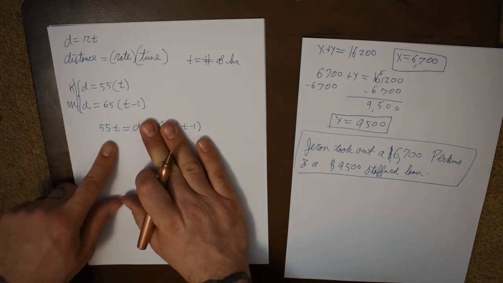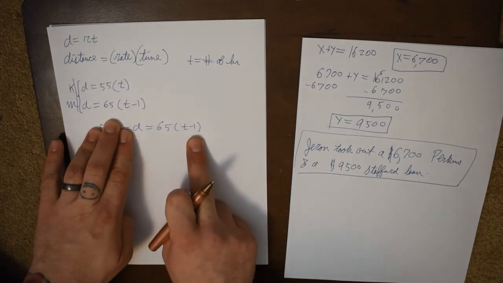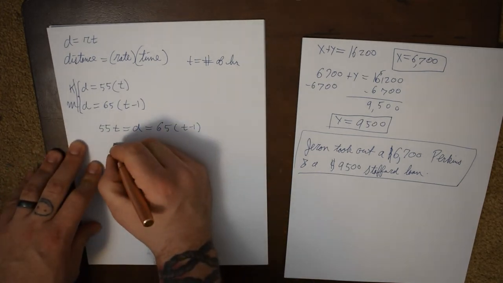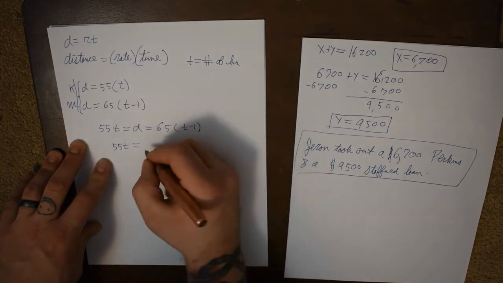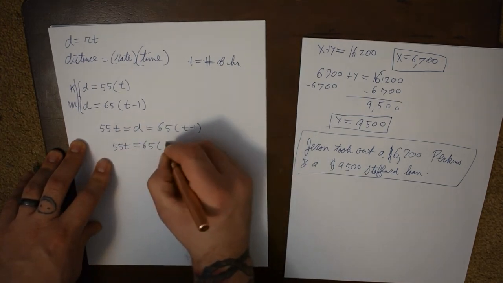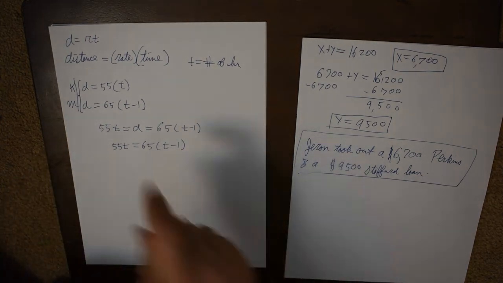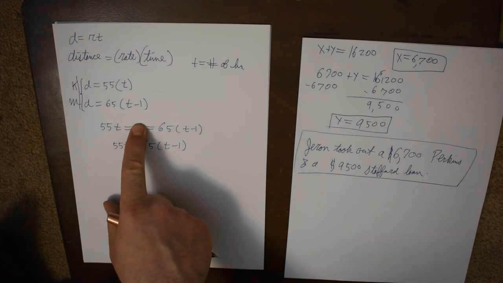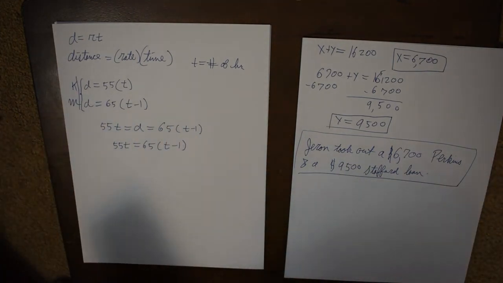So if 55T is equal to D, and D is equal to 65 times T minus 1, that means 55T had better be equal to 65 times T minus 1. We're looking at the two outsides of that equation.